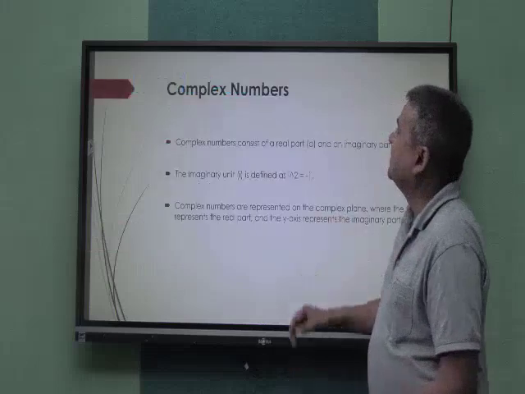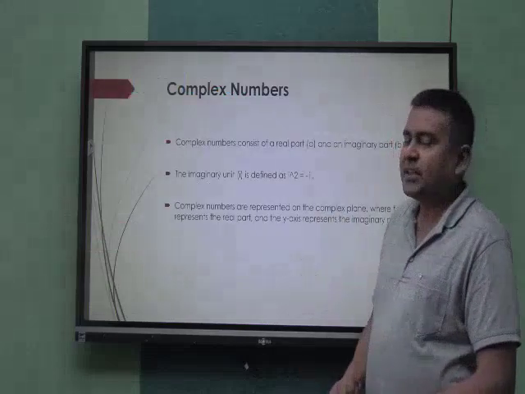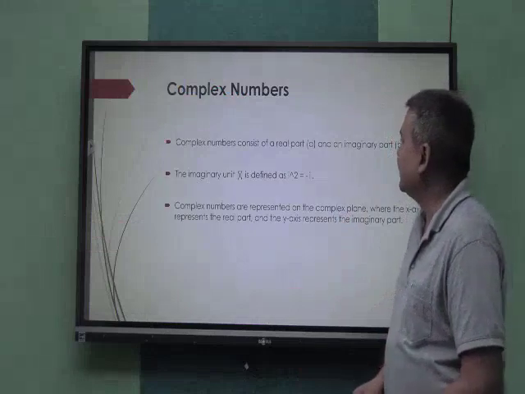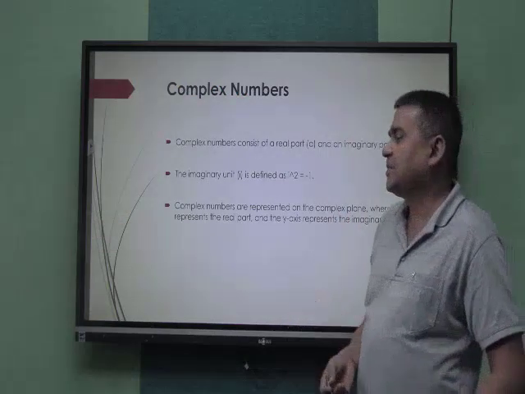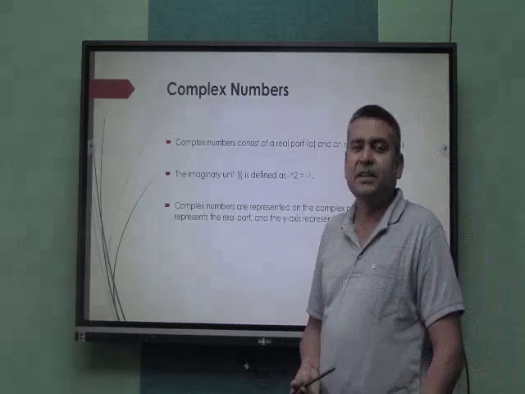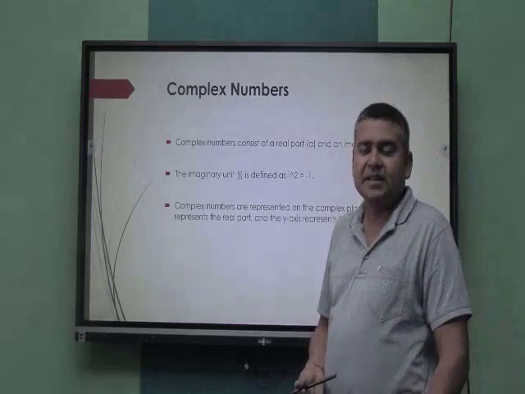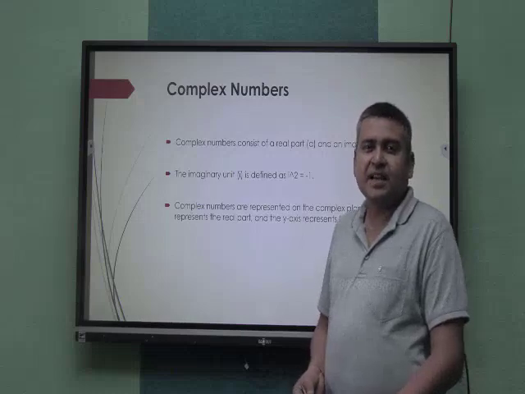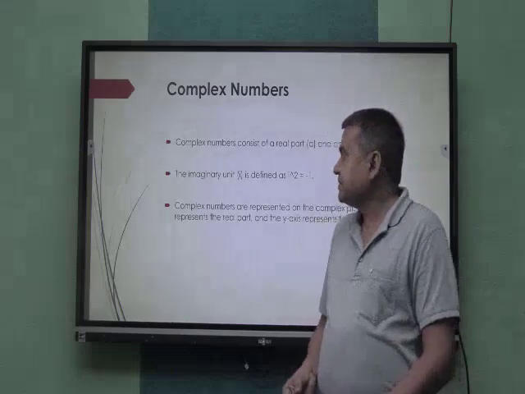Before that, let us go to some points of complex numbers. A complex number is formed with two components a and b. a is the real part and b is the imaginary part, and the combination of the form a plus ib is called a complex number.